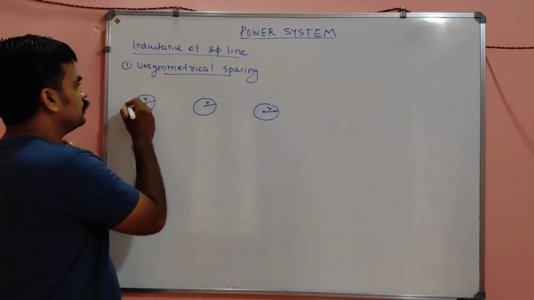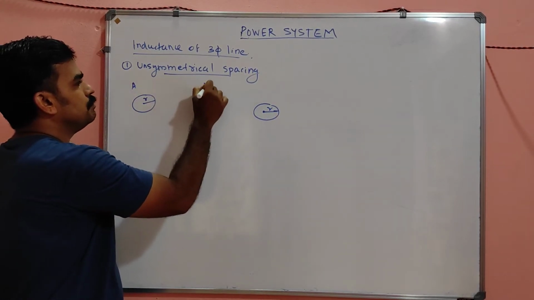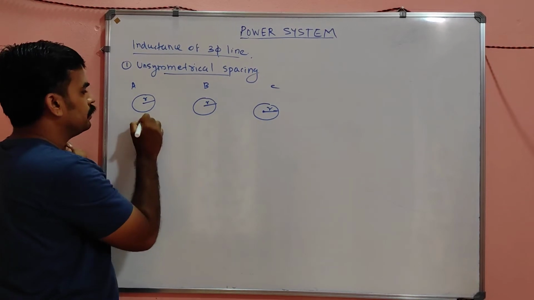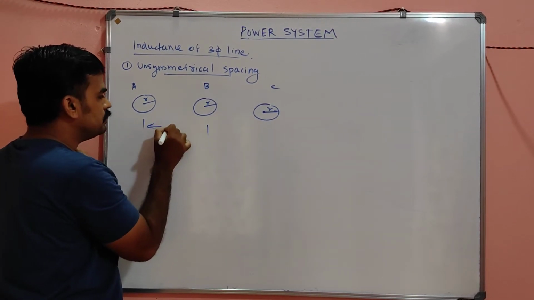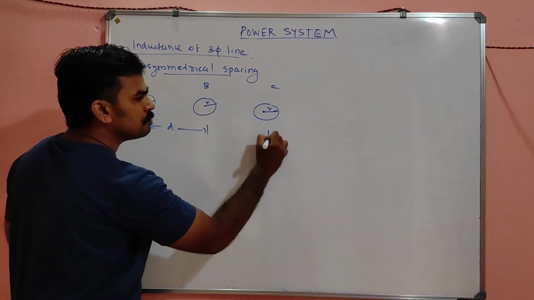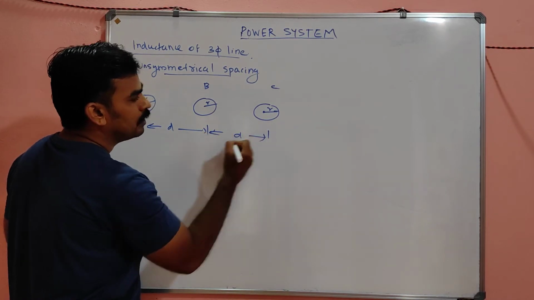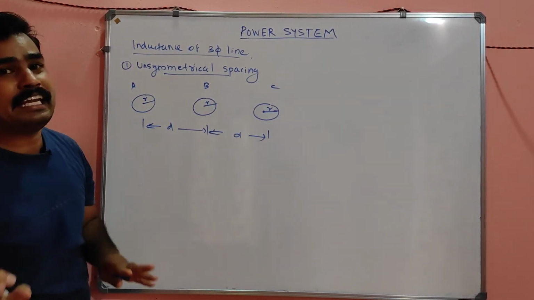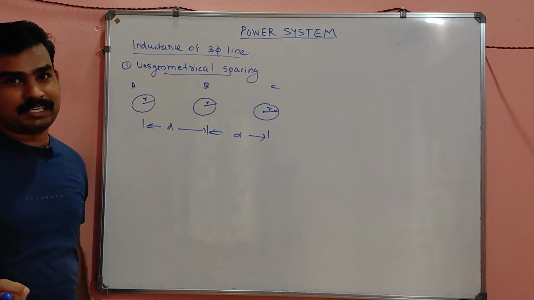Suppose this is A phase, this is B phase and this is C phase. Distance between this is D. Maybe distance between these also D. But distance between A and C not D. That is called unsymmetrical spacing.